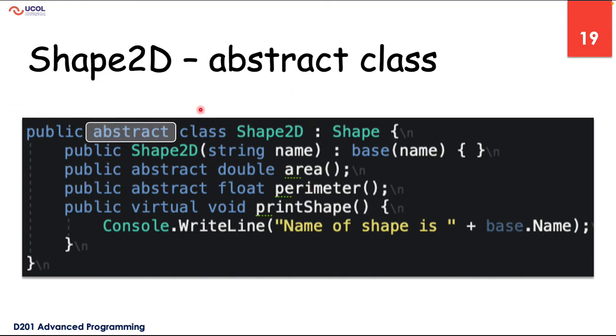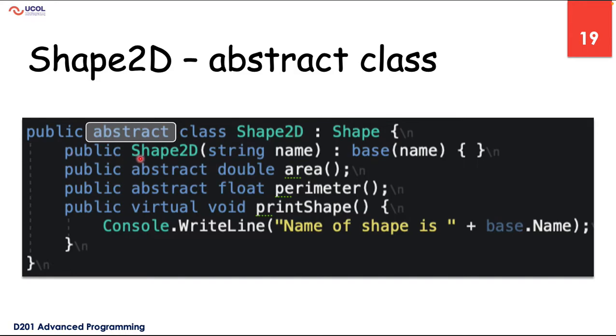Then we have another class that is Shape2D, which is the child class of the shape. So first of all, we are telling this is also an abstract class, Shape2D, and then this colon is telling that it is derived from the shape, or the base class is shape and the Shape2D is the derived class. So shape is the parent and Shape2D is the child. So this colon is actually showing the child-parent relationship or inheritance status of this particular Shape2D class.